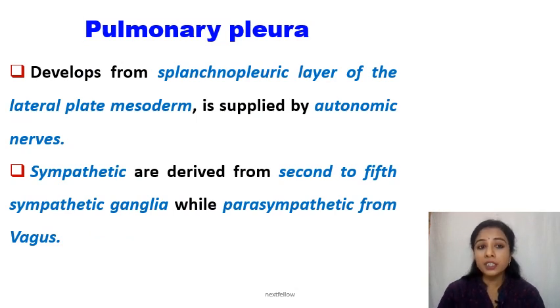Whereas the visceral pleura, that is the pulmonary pleura, which is along the lungs, is developmentally from the splanchnopleuric layer of lateral plate mesoderm. So it is supplied by autonomic nerves, means it is supplied by vagus and sympathetic. So sympathetic and parasympathetic. Parasympathetic is by the vagus, and sympathetic from the second to fifth sympathetic ganglia.